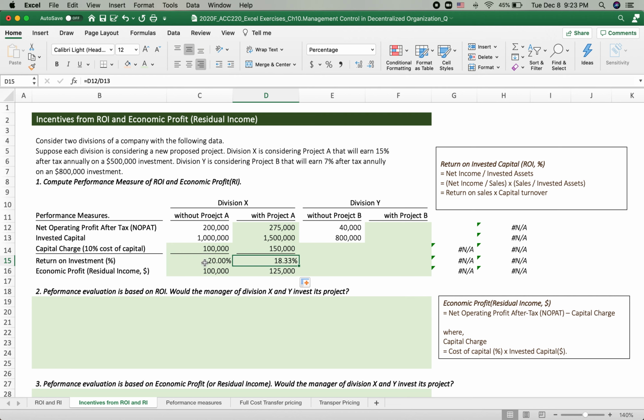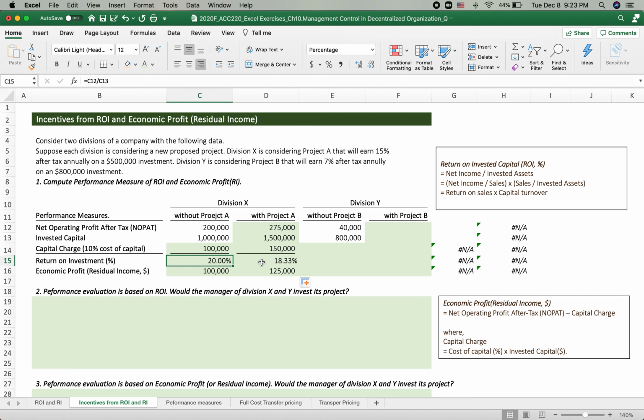So they would not choose this project A, because if the company evaluates the performance of division X by return on investment only, the total return on investment of the division, 20% now, is decreasing to 18.33%.